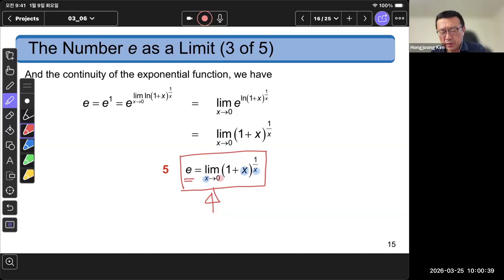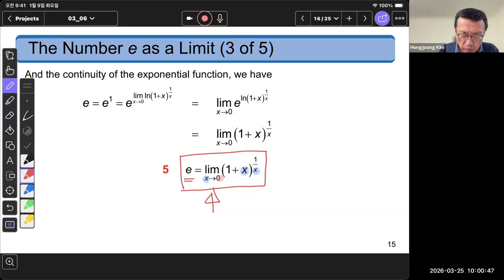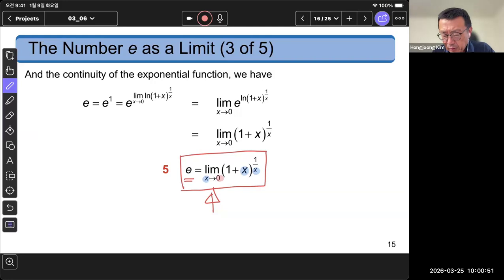And please remember that as x approaches 0, what is strange here is that the limit of 1 plus x as x approaches 0 is just 1, while the limit of 1 over x as x approaches 0 plus is infinity.